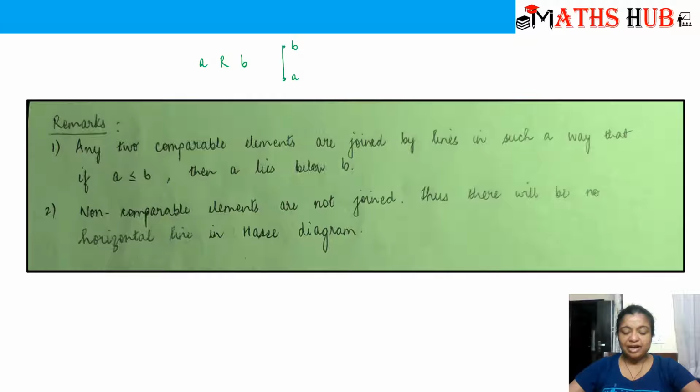You will always find vertical lines in your Hasse diagrams, but if I write A and B here and there is no line joining them, that means they are non-comparable. That means there is no relationship between A and B or B and A, right? So if these 2 remarks are clear to you, then you can draw the Hasse diagrams very easily, right?